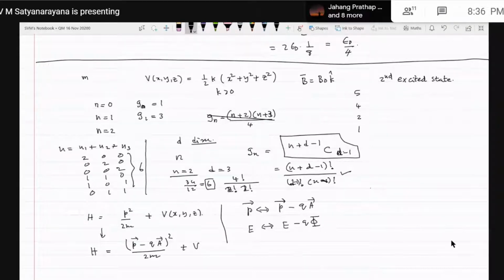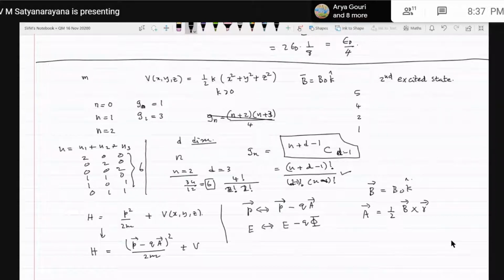Now the moment you have B equal to a constant magnetic field B naught k, you can say that your A will be half B cross R. This is the vector potential for a uniform magnetic field.